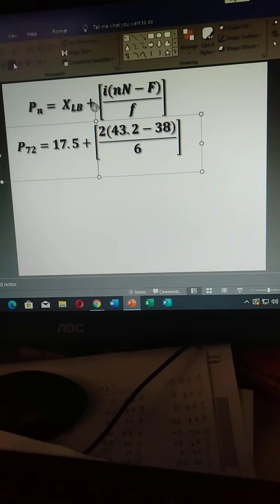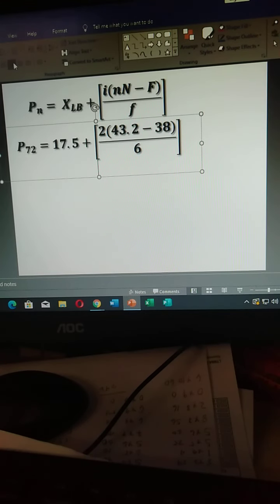Equal ulit. And then, i-divide nyo ng 6. Equal sign ulit. And then, mag-plus kayo ng 17.5. So, 43.2 minus 38, times 2, divided by 6, plus 17.5.